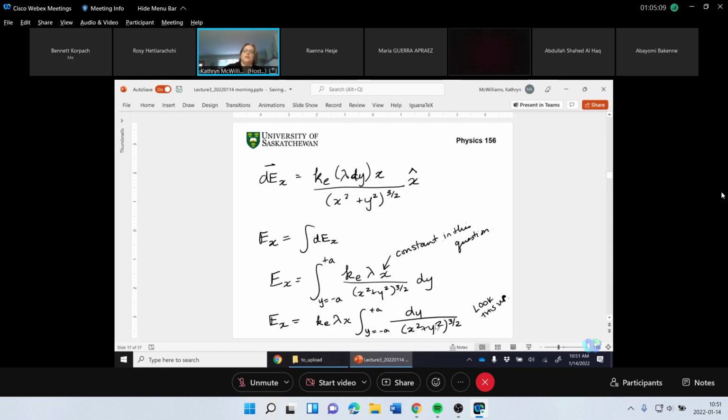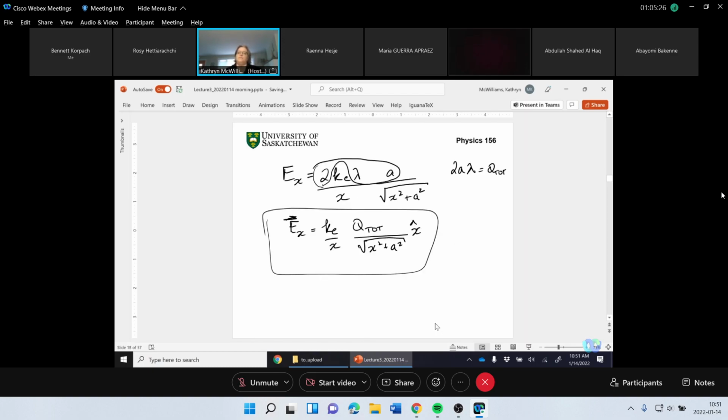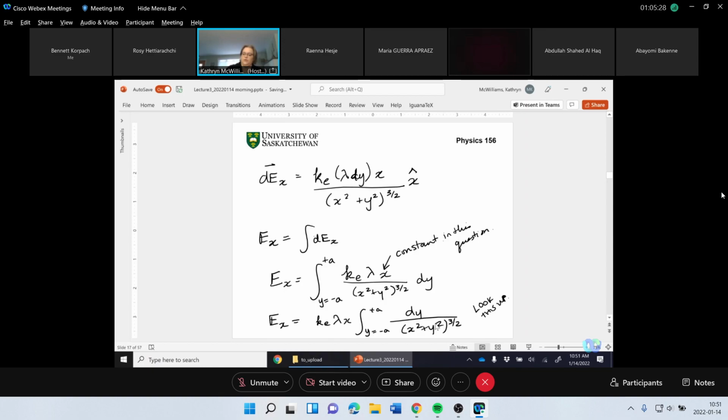So we're doing the math here adding up all of the Ex components in the x direction without keeping the hats. We just put the x direction back in at the end, because all the electric field components point in the x direction, so you can add them up without having to keep track.